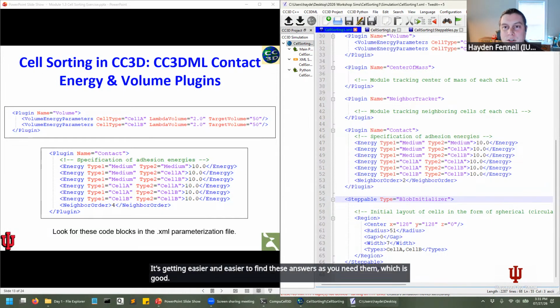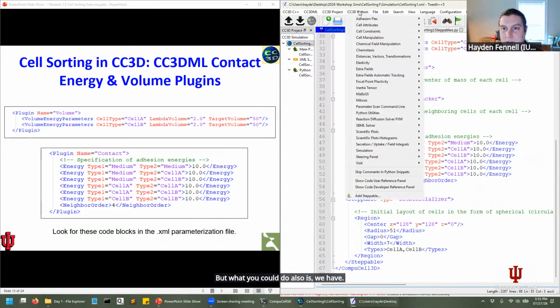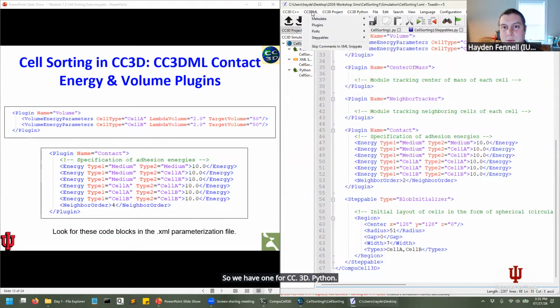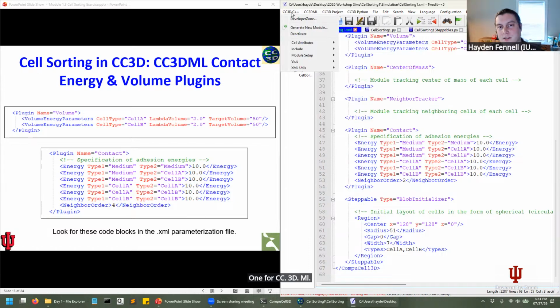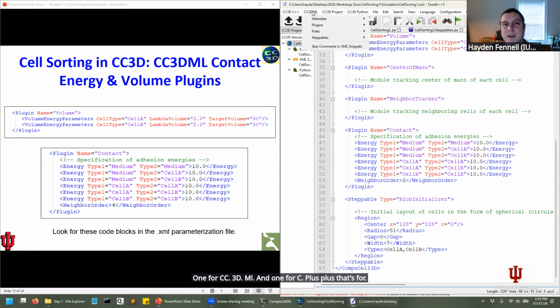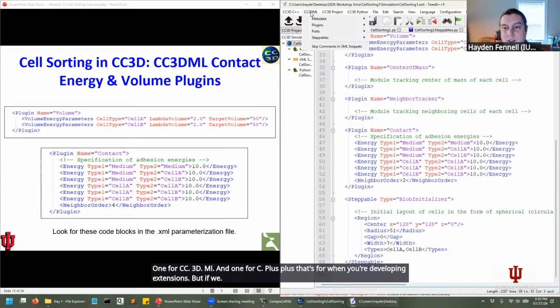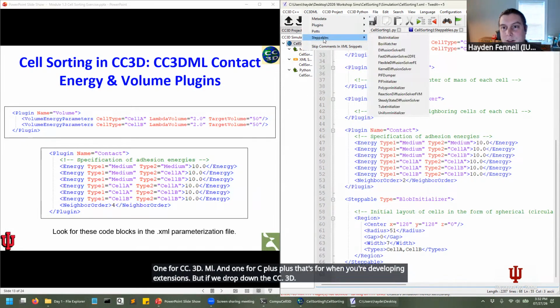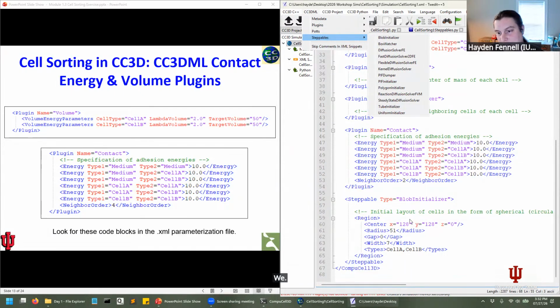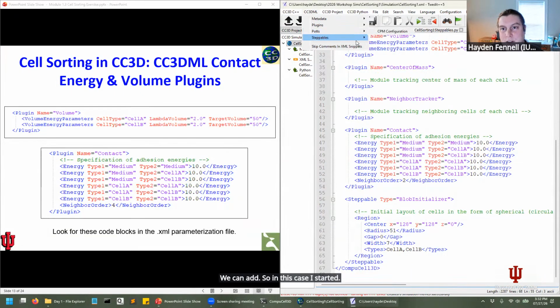But what you could do also is we have these drop-down code snippet menus. We have one for CC3D Python, one for CC3D ML, and one for C++. That's for when you're developing extensions. But if we drop down the CC3D ML file, we've got steppables. In this case, I started with Blob initializer.